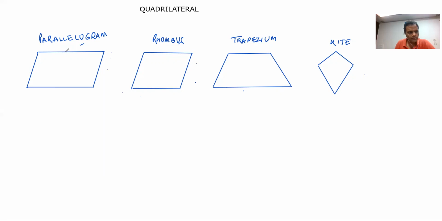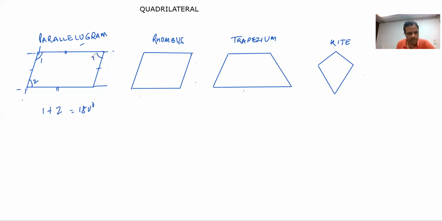So starting with the parallelogram, the word parallelogram means that opposite sides are parallel to each other. Now, if you remember in class 7, we had studied that if there are two parallel lines and then there is a transversal line which cuts them, then their internal angles, the sum is 180, which means if this is angle 1, this is angle 2, then the sum of 1 plus 2 is equal to 180 degrees.